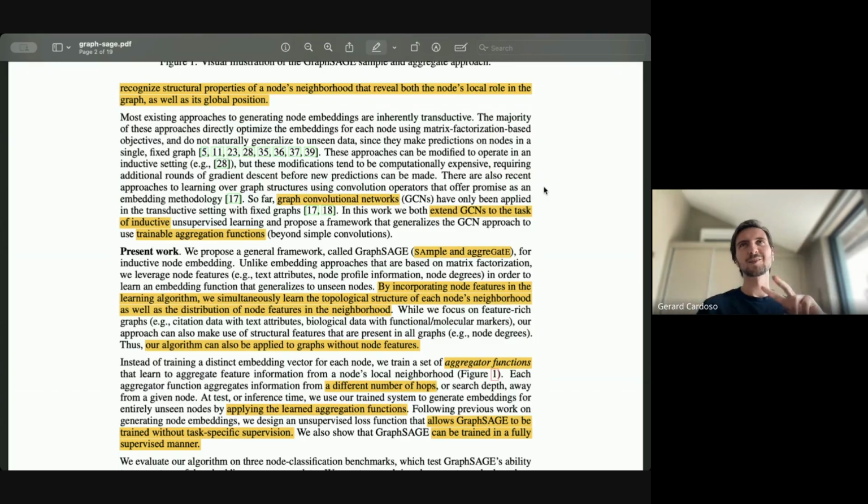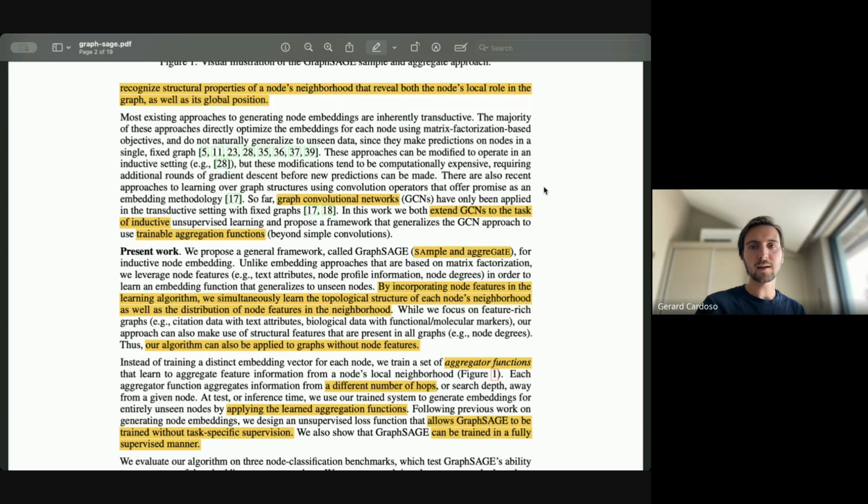Sorry, there's two ways they do that. One is by having efficient sampling. So you're effectively not looking at the entire graph when you're creating the embeddings. You're sampling neighbors of nodes to capture some understanding of the structure of their neighborhood.